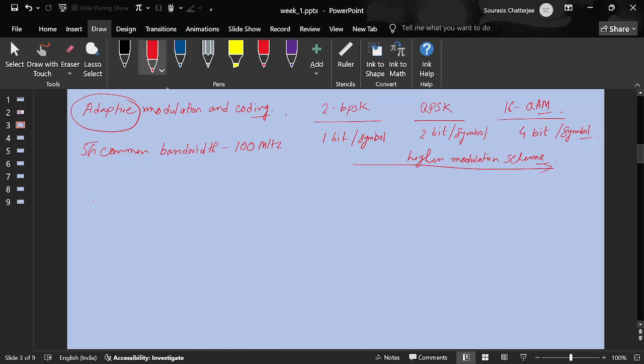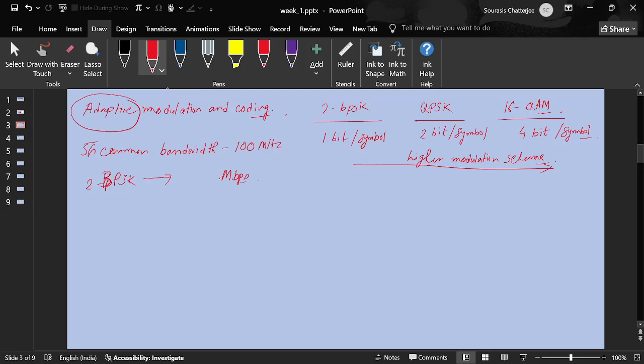So if I am using BPSK scheme, what is going to be my effective data rate in Mbps terms?